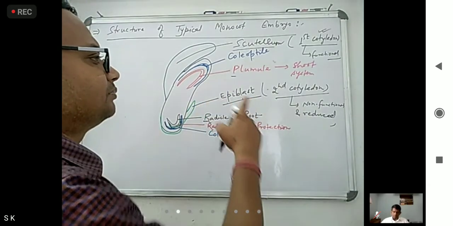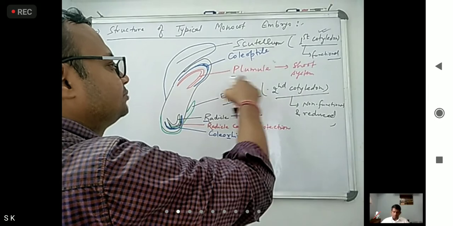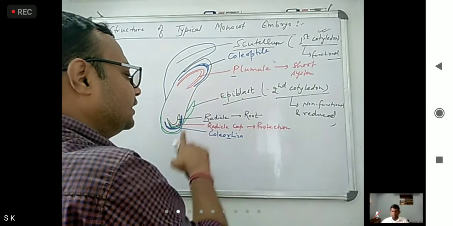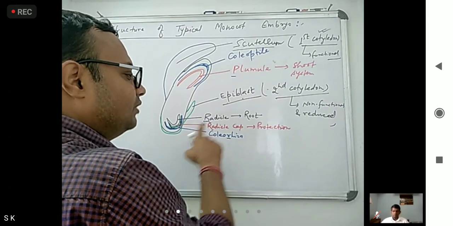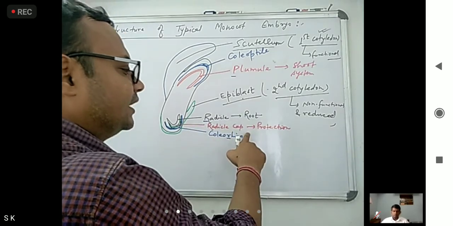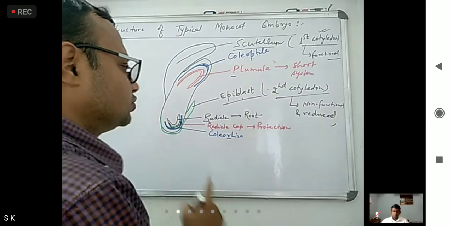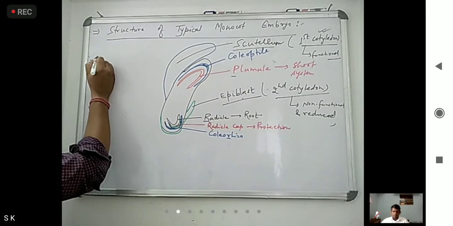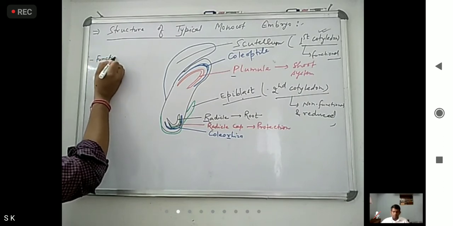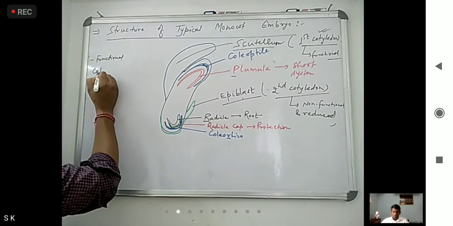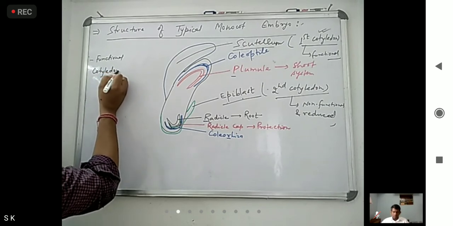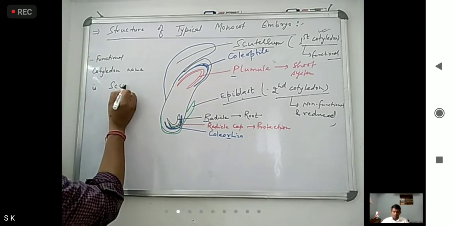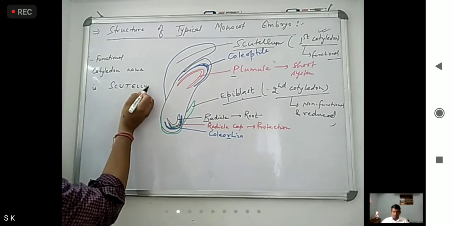Plumule develops towards the epicotyl, and towards the hypocotyl the radicle develops into the root. The radicle cap provides protection. So one question asked is: what is the name of the functional cotyledon? Scutellum.